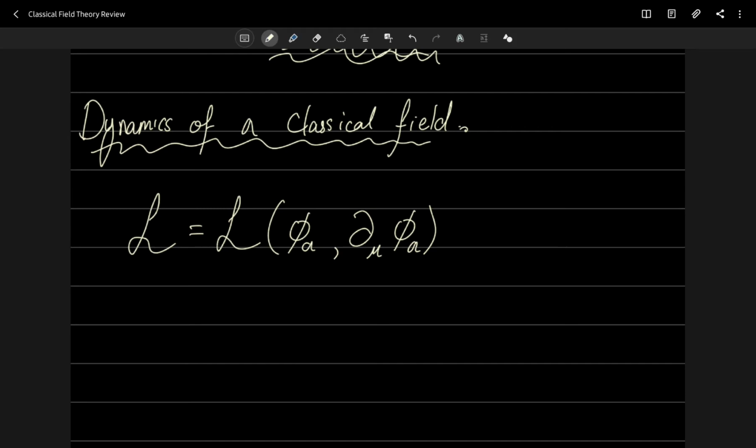Now the Lagrangian density is actually a function of higher order derivatives of the fields phi a. However, we make the assumption and approximation of first order derivatives.